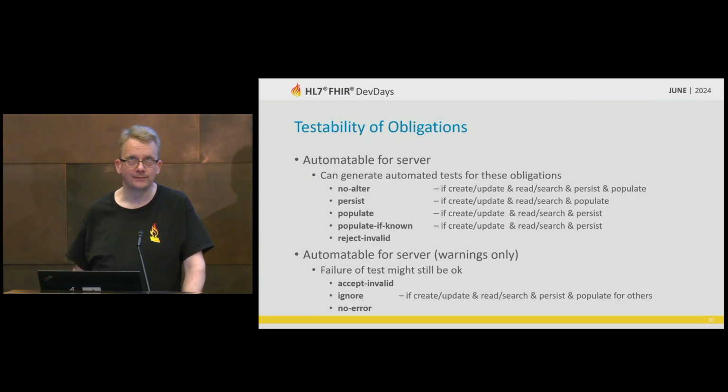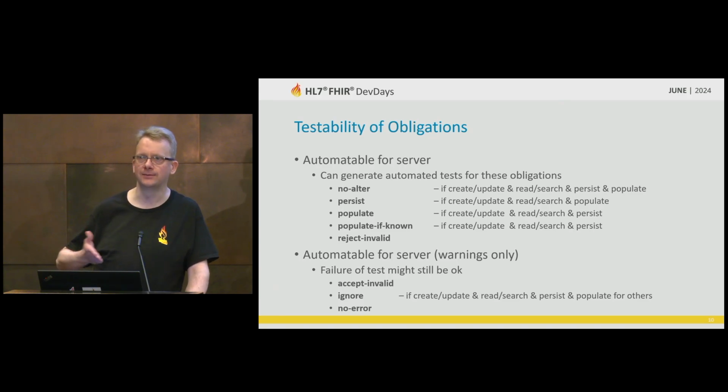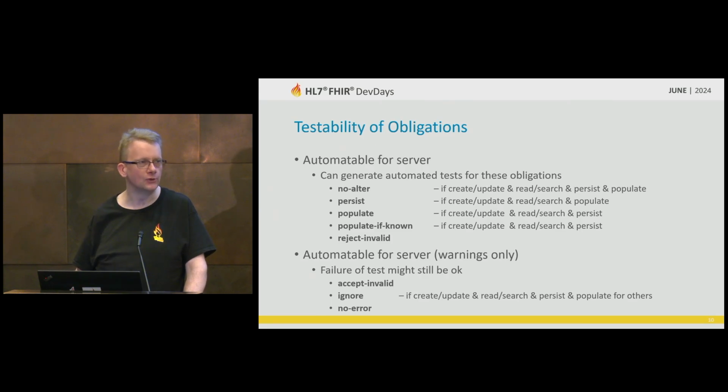to say for certain that a system is non-conformant. So you might have an obligation that says you will accept invalid data. There is an obligation like that. The reality is that obligation has some intrinsic limitations to it.